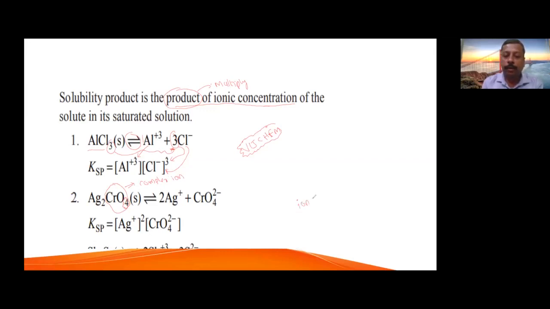Ions are further divided into two types, not based upon the charge but based upon the type. The first one is called an elementary ion. The second one is called a complex ion.